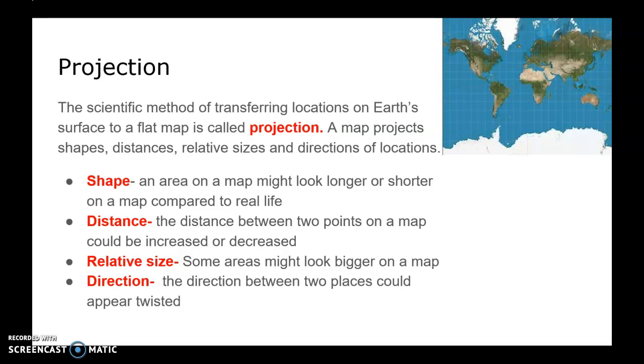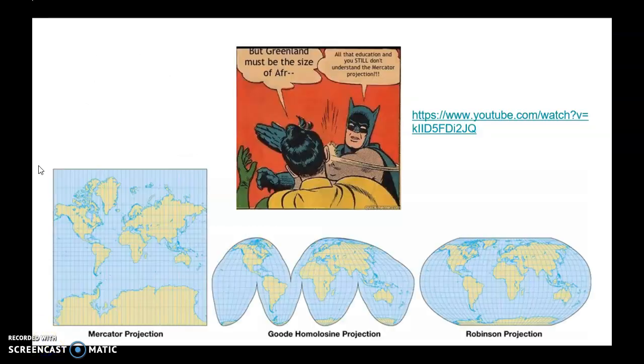What could be distorted is the direction between two places, looking like it could appear twisted, for example. There are many different types of maps, and depending on the map, you may find that in order to minimize the distortion in one category, they end up increasing the distortion in another category.